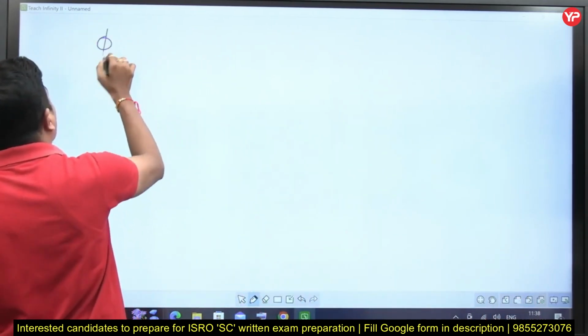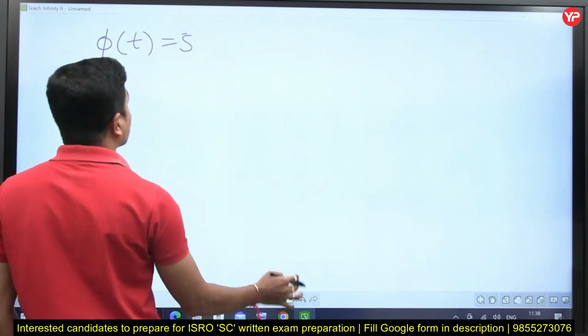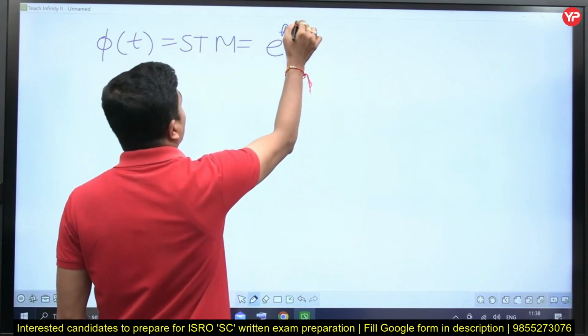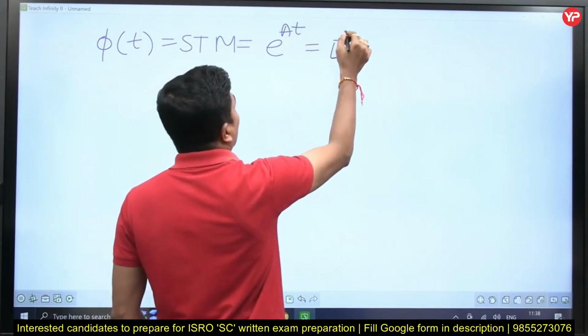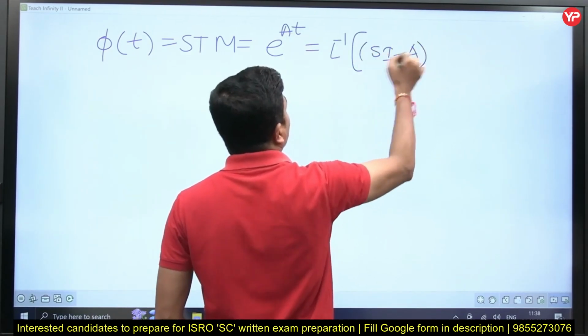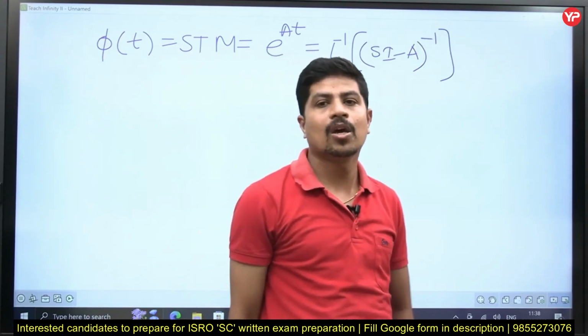That is represented as phi of t. State transition matrix is equal to e power At, that is equal to Laplace inverse of (sI minus A) whole inverse.